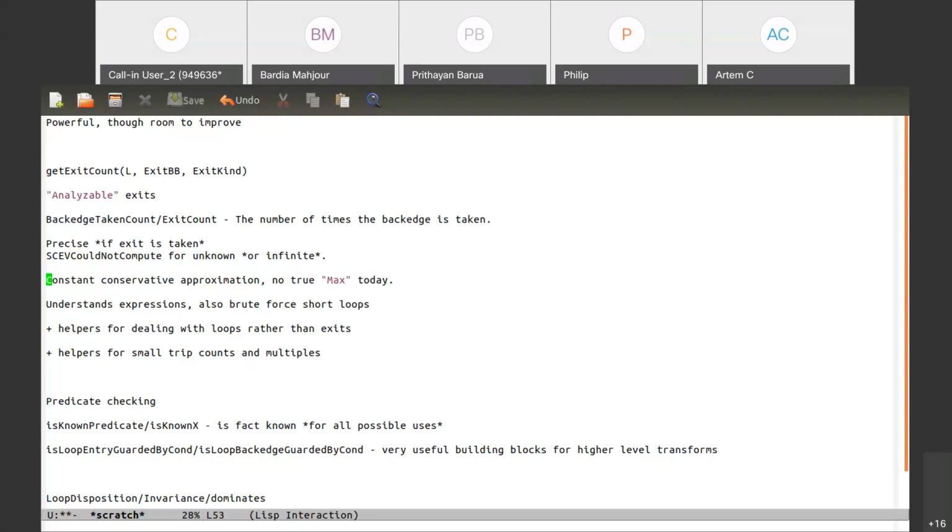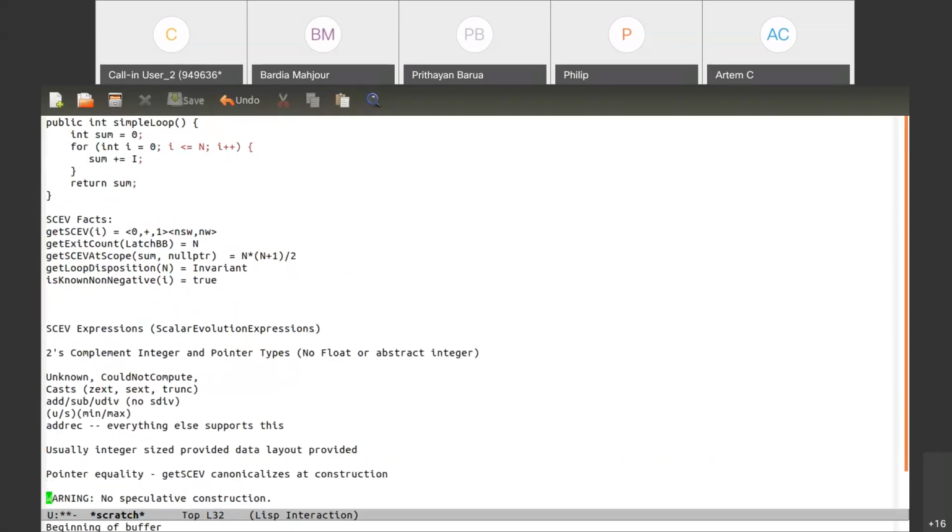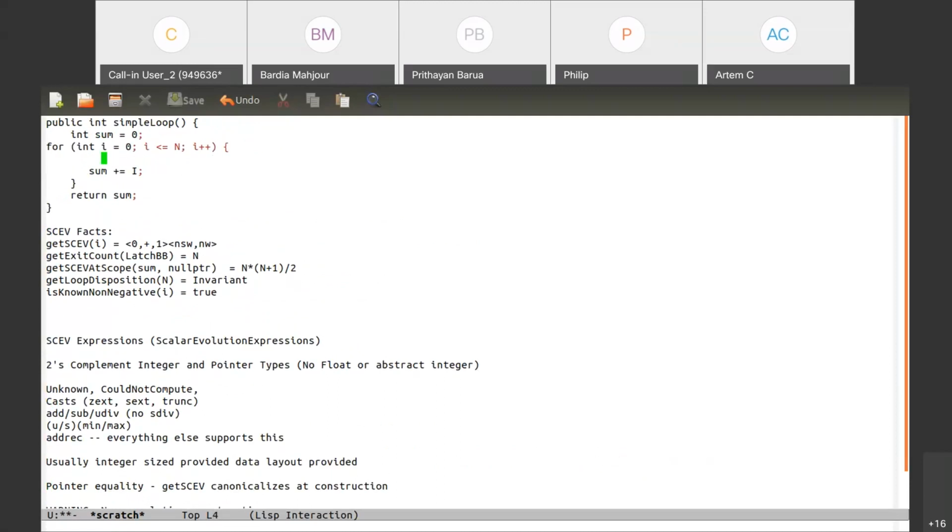How do you use that? I don't quite understand how SCEV makes any computation for things that are not taken at all. So let me go up and make my loop up here slightly more complicated just for ease of explanation.